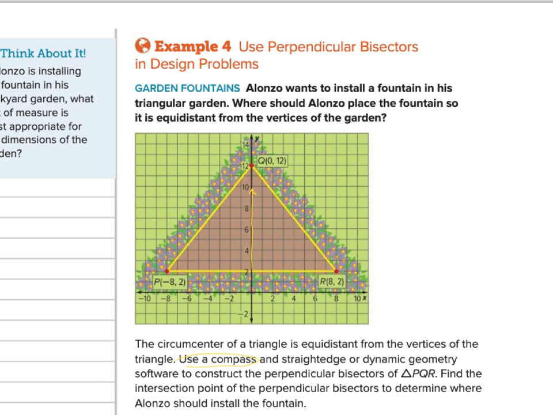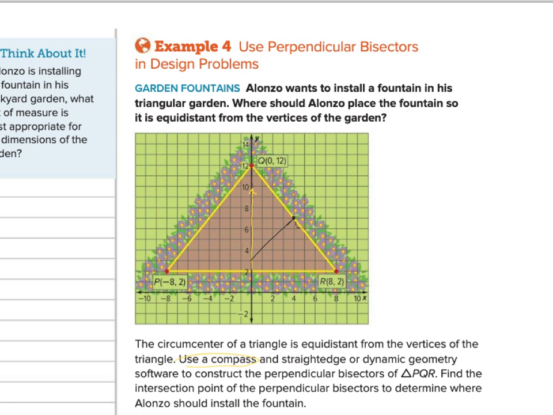If I travel down 12 and then over 8, the midpoint should be about down 6. We traveled down 10 over 8, so the midpoint should be traveling down about 5, and then over 4. So that should be my midpoint, and then traveling at a perpendicular puts me right about there.